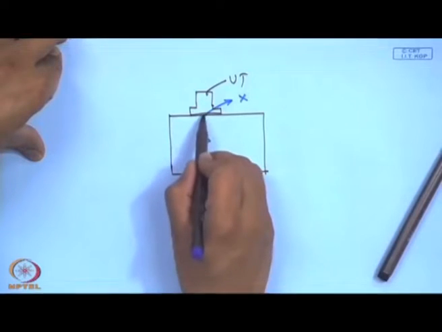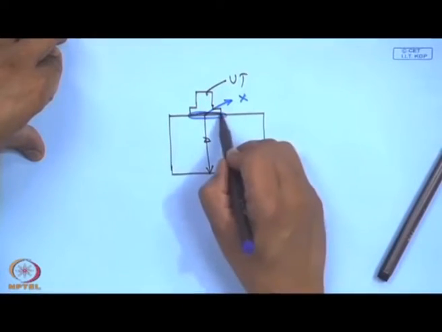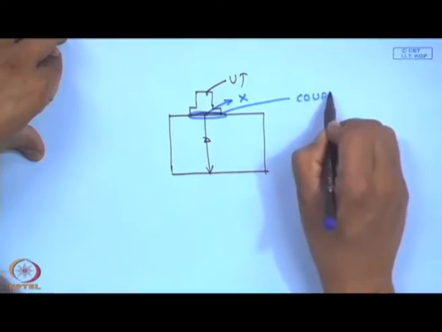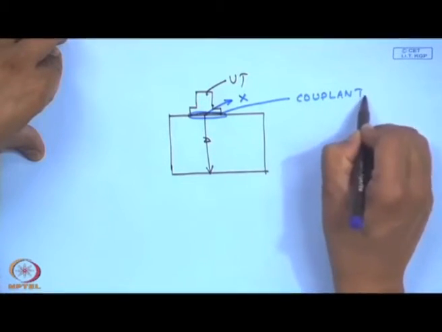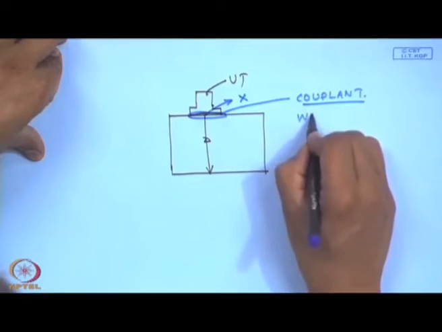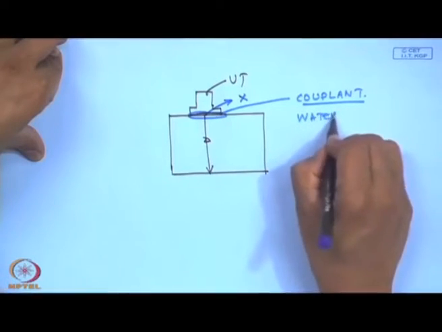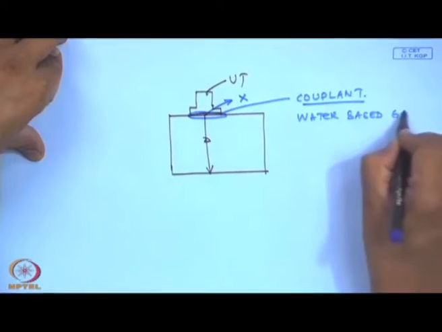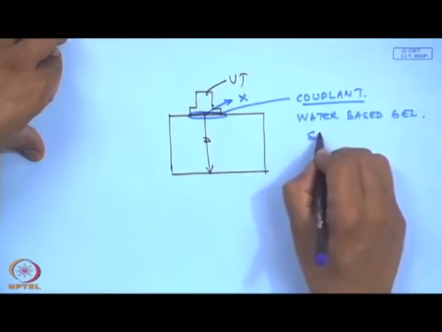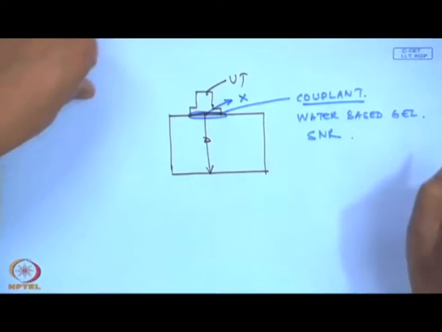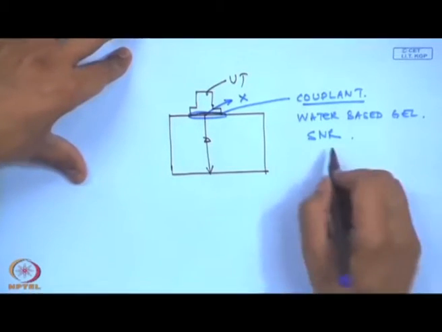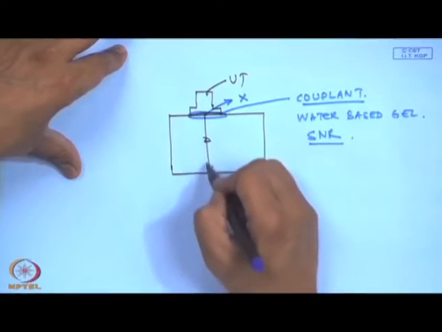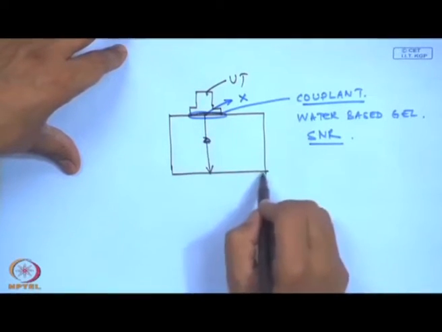To ensure that, usually a couplant is put, which is nothing but a water based gel, so that a good signal to noise ratio of the ultrasonic wave is generated and all the energy of the ultrasonic wave gets transmitted to the medium.